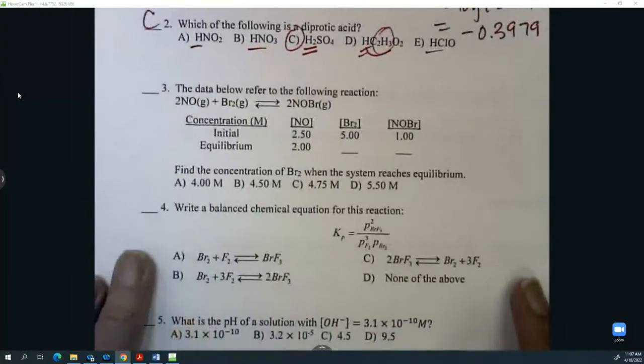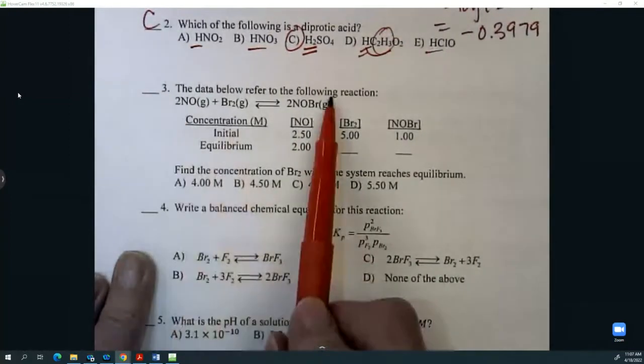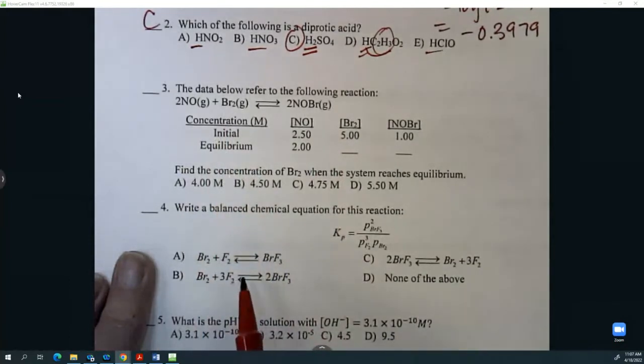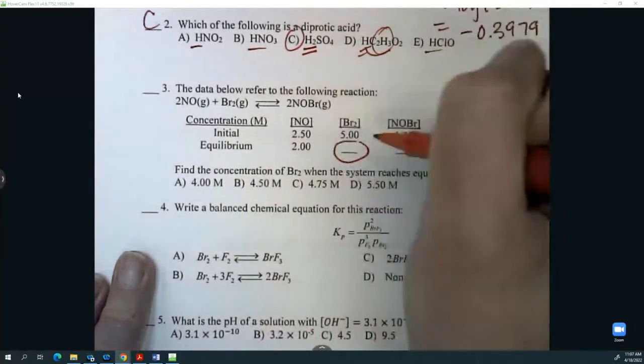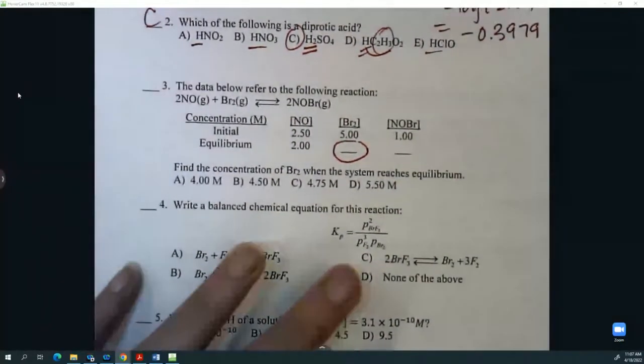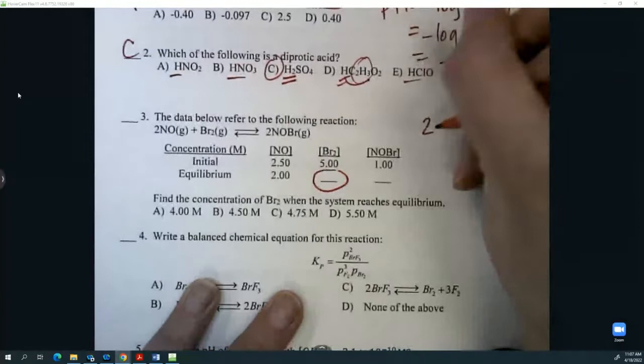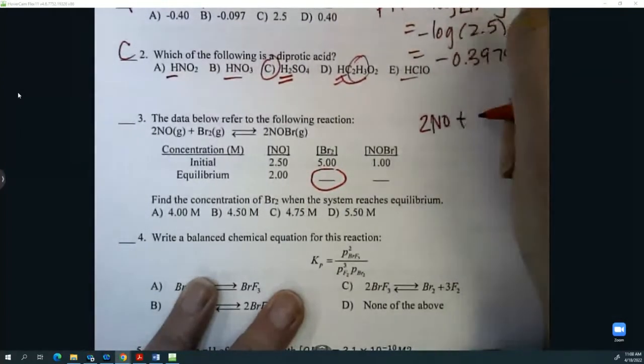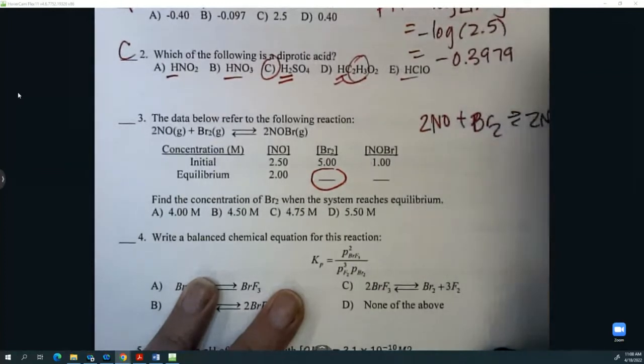Okay, the data below are for an, okay, so basically it's giving me an equilibrium reaction, and it's giving me kind of like an ice table, not the whole thing. And they want me to just answer that number. So I would set this up like an ice table. Don't necessarily need to rewrite all this, however your brain handles it, but that's what I'm going to do just to make it clear.